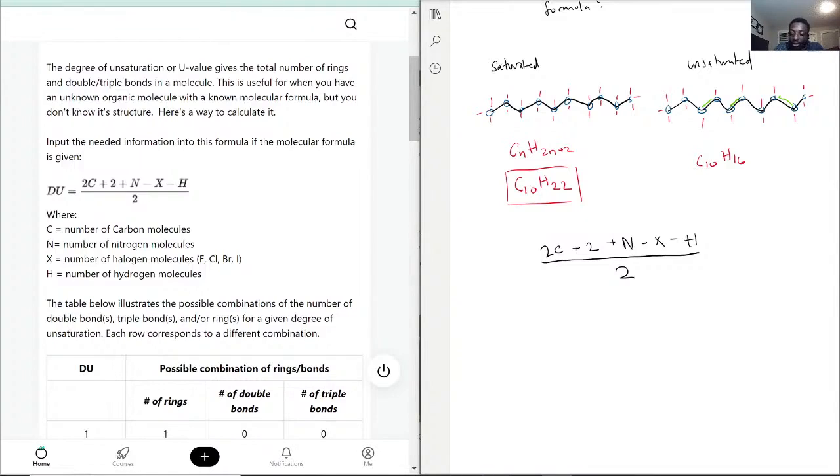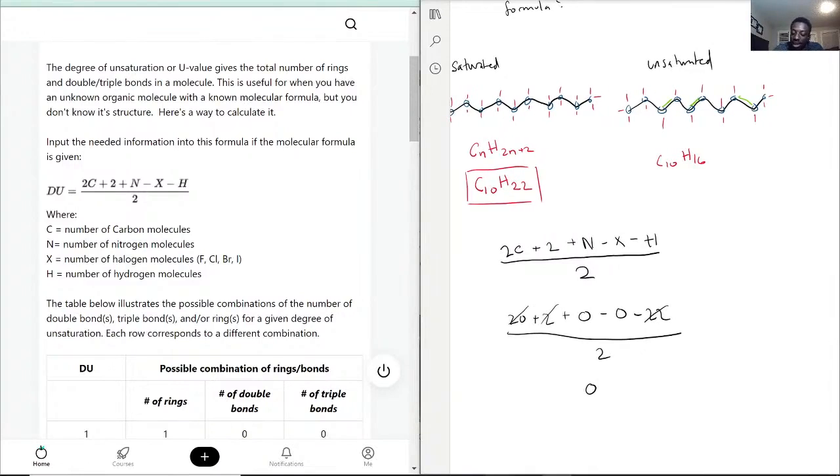Okay, so now let's find out. 2C, so that's 10 times 2, that's 20, plus 2, plus 0 because there's no nitrogen, minus 0 because there are no halogens, and then minus 22. Wow, and that equals 0, because these will cancel out with the 22.